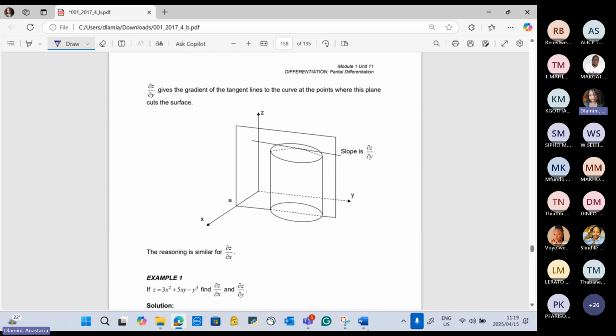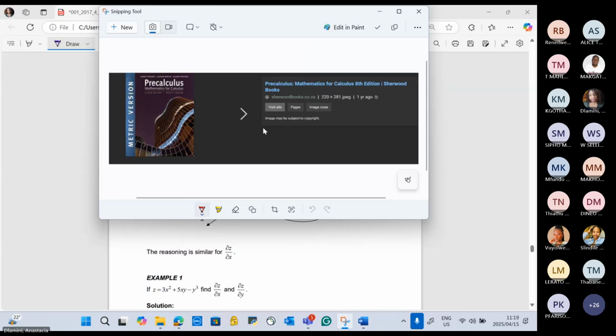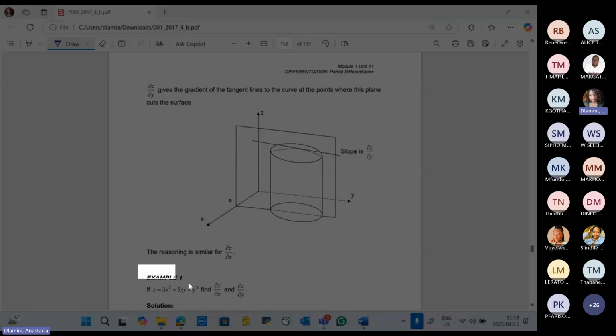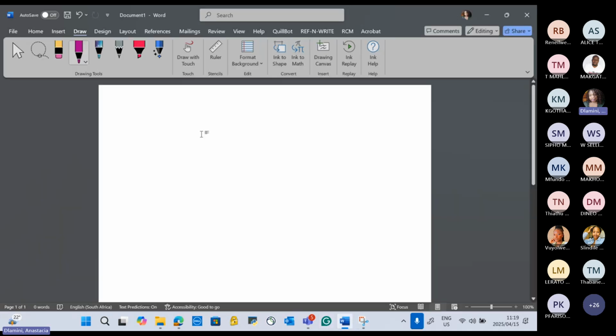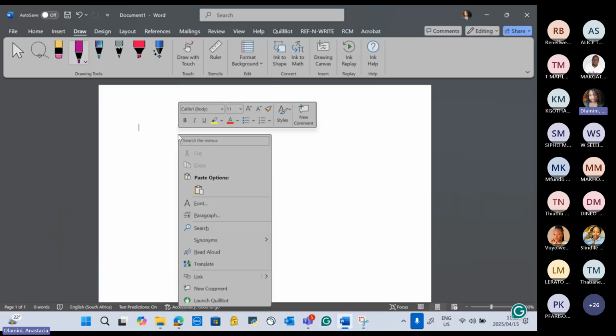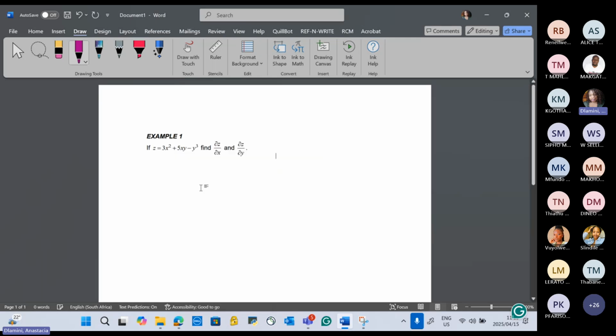So now here's an example. Let's take a screenshot. Let's say example 1. In example 1, they want you to find the derivative. But you don't call it the derivative, because what they're looking for is the partial derivative. When we say partial derivative, this is a partial derivative with respect to x and also with respect to y.